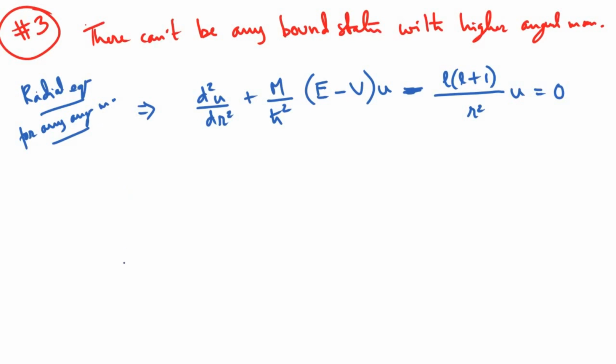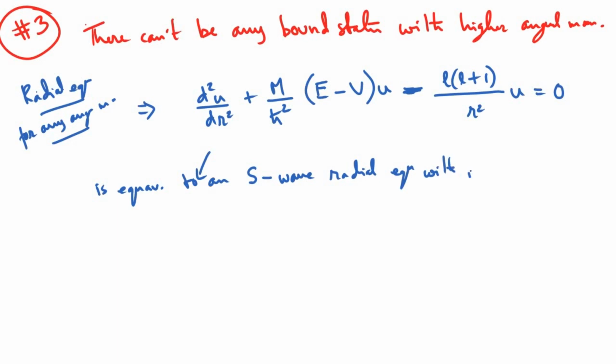Okay. Now, if we compare this with the first term, then we see that this is equivalent to an S wave radial equation with modified potential. And what is the potential?